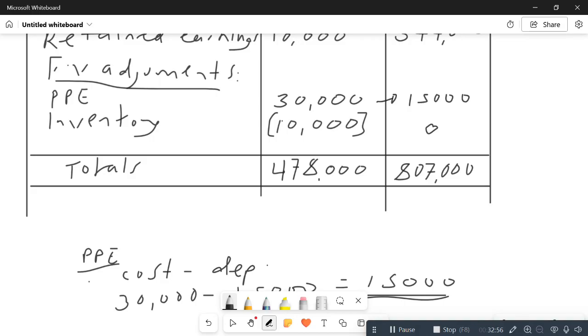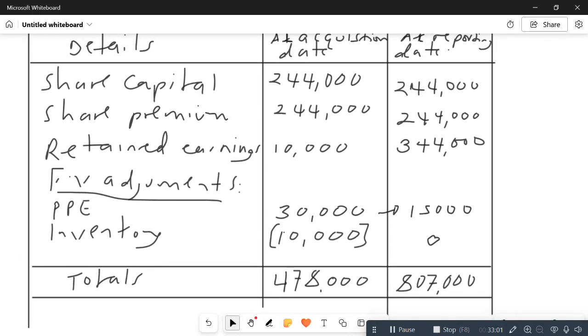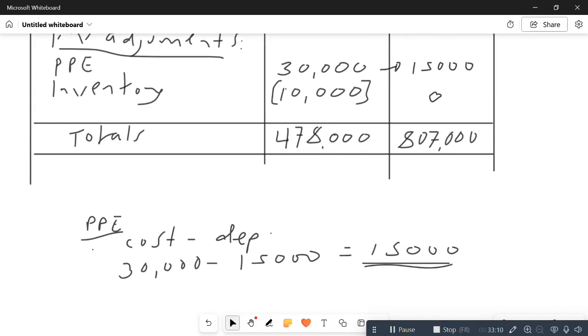Now we look at this. Net assets at acquisition was 478, at reporting was 807, meaning there was an increase from 478 here.